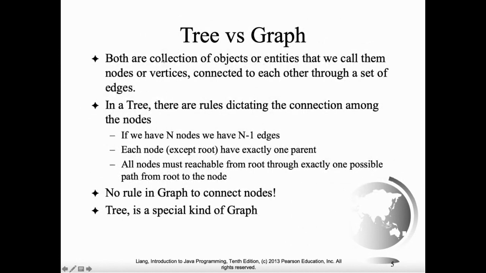We already talked about the tree structure, so you can now have some idea what a tree looks like, and you can see the differences between a tree and a graph. Tree and graph both have nodes and edges, but when we talk about trees, we talk about a lot of rules that we don't have in the graph.